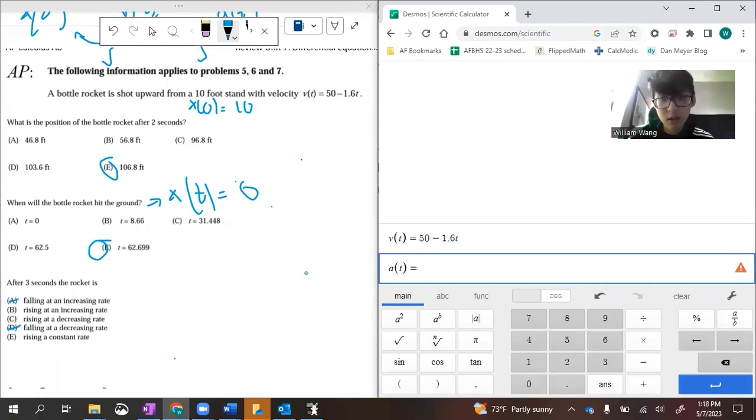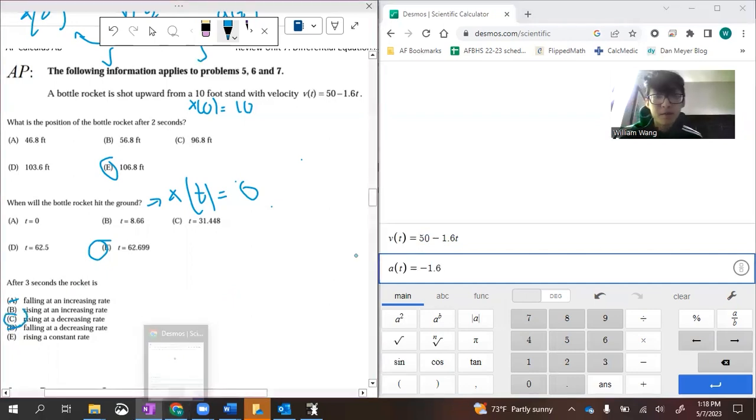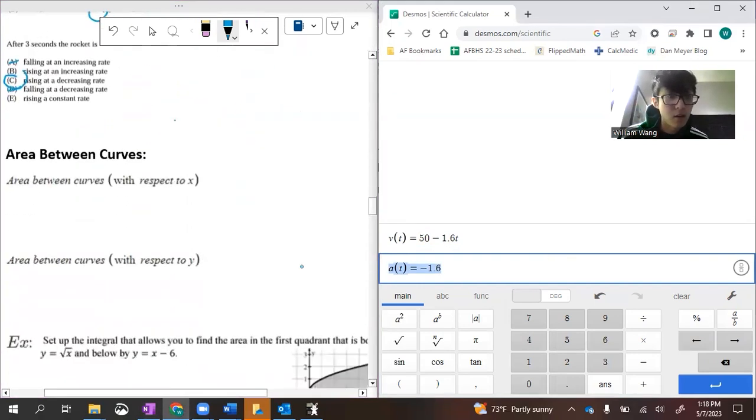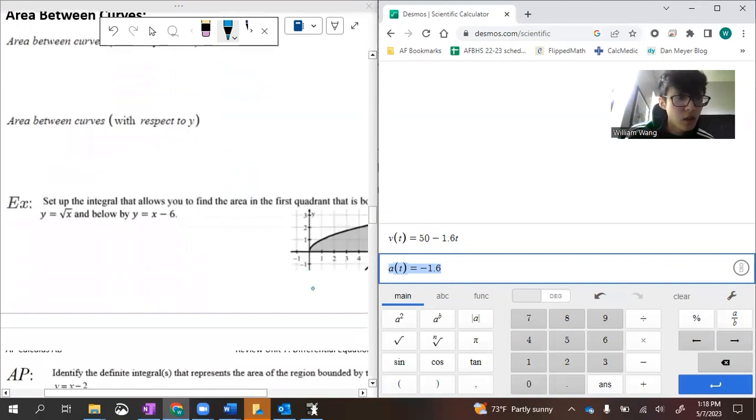So to find the acceleration, the derivative of velocity is negative 1.6. And if my acceleration is negative, right, that means it is rising, but it is rising at a decreasing rate, right, because my rate of change is negative. Right, hopefully that makes sense.